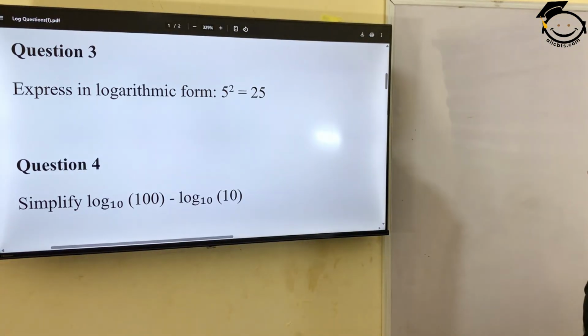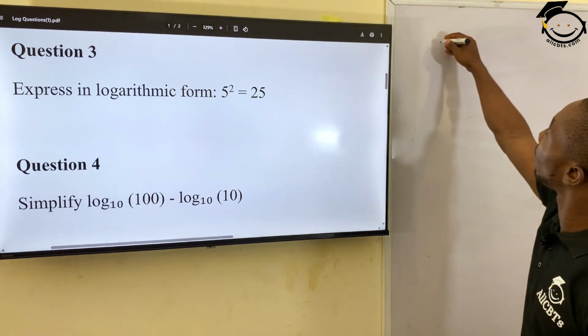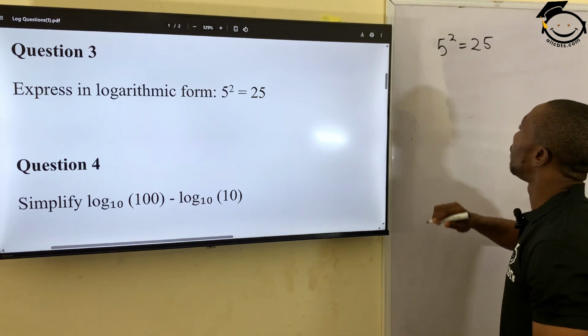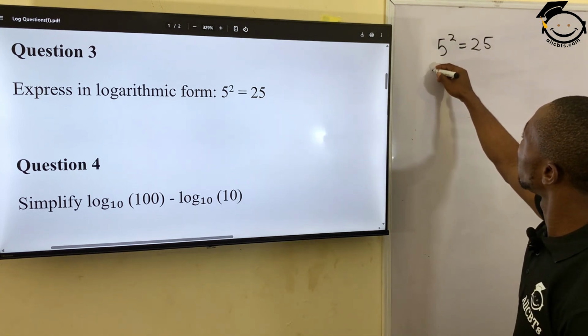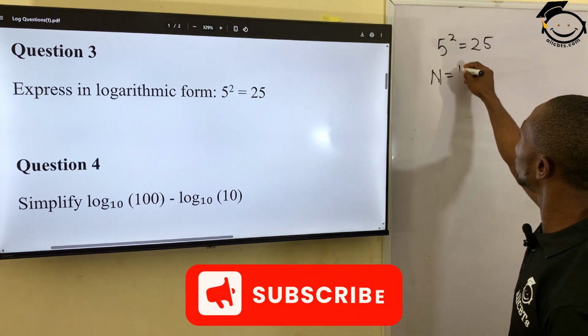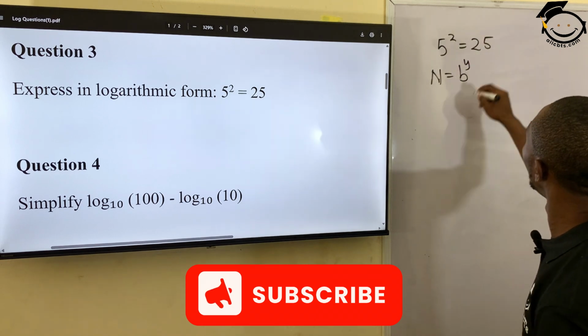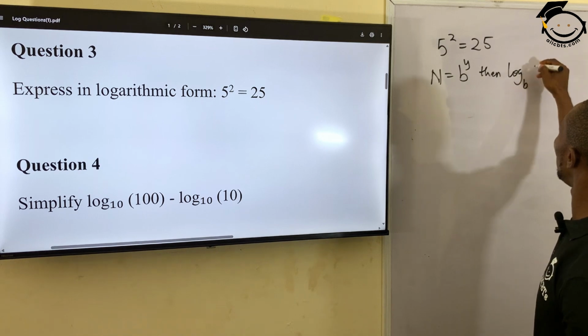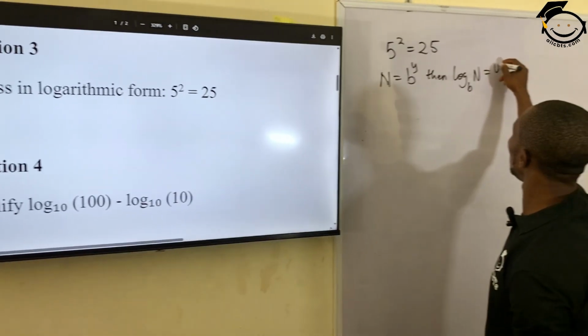Our question says express in logarithmic form, and it says 5 squared equals 25. Now, if we remember that n equals b raised to power y, then log_b n equals y.